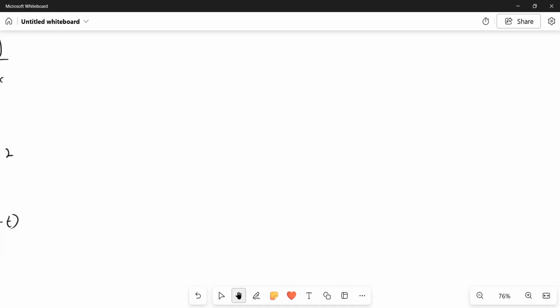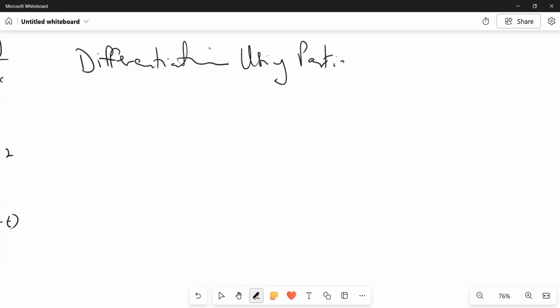So now we want to deal with a situation where you might have to differentiate something using partial fractions. Did we do this?